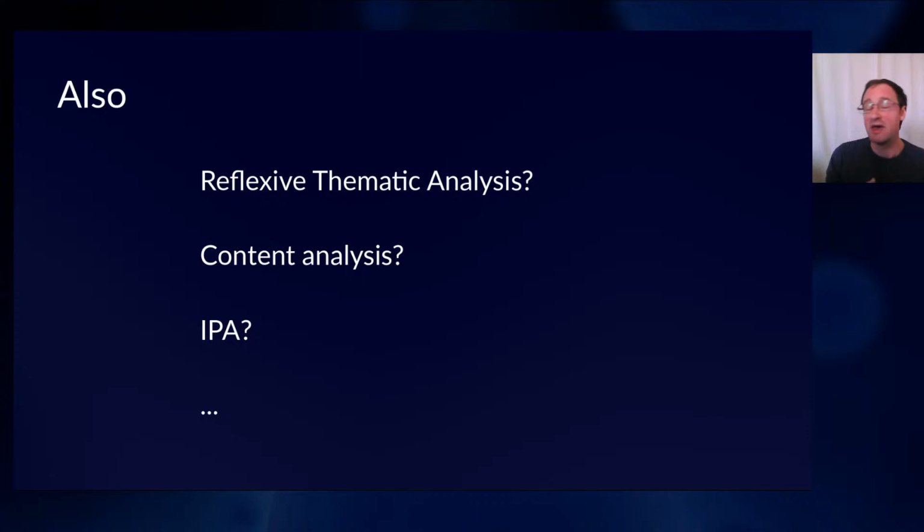So IPA would take a line-by-line approach, looking at each line, each sentence, and trying to find ways to summarize or describe that, sometimes even using the participants' own words, in vivo coding. And so there, although there is this approach of creating first, this also quickly gets mapped onto codes and themes and so on.